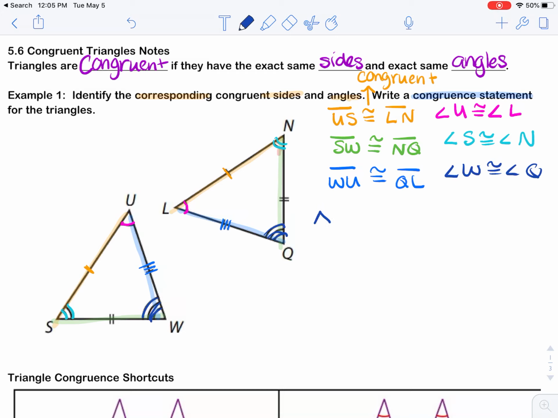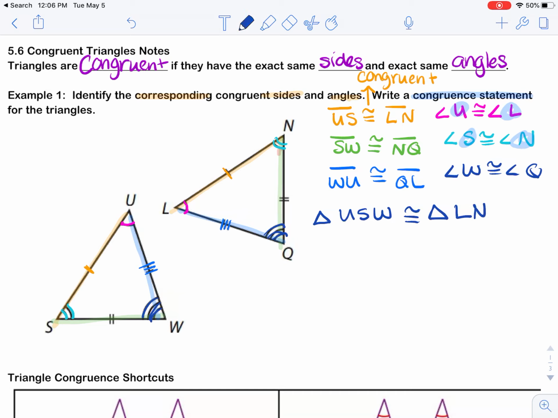So if I wrote triangle USW is congruent to, well, we can't just write any 3 letters in the second triangle. The corresponding pieces have to match up. So if you notice, L goes with U, so I could say L, and then which angle goes with S in the second triangle?